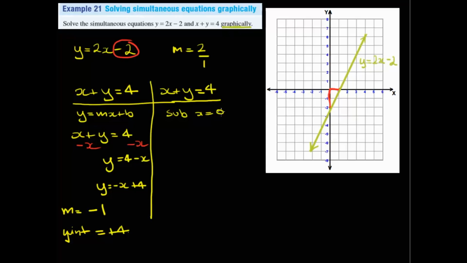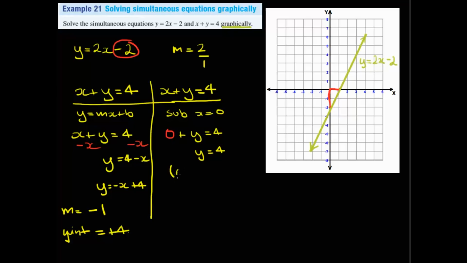Okay, if we do it the other way, we sub x equals 0. So we go 0 plus y equals 4, and we end up with y equals 4. So this is one of our intercepts.